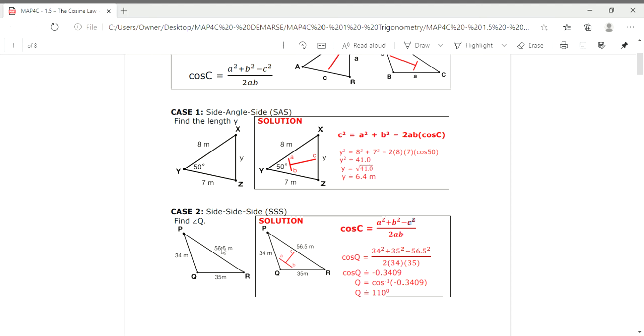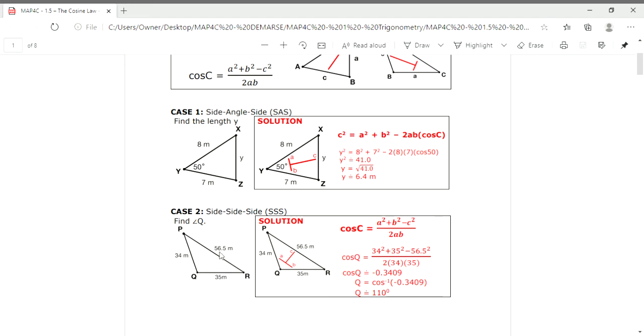So our length of C, or length Q, is 56.5 meters. That leaves A and B in the equation to be the other two legs of the triangle, the 34 meters and the 35 meters.